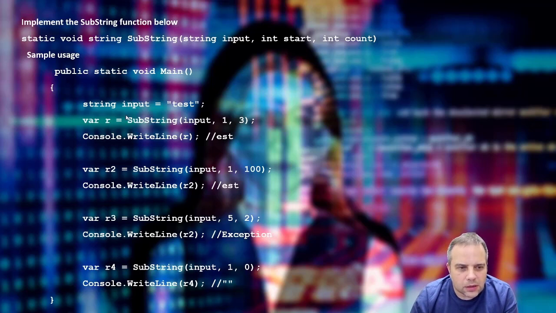Okay, question 2 is implement the substring function below. So this is a substring function where we're looking to read from test and return different letters, or whether exceptions are going to be thrown, and how it handles the error. The word going in is test, and we're looking for how they read it and how they count through letters, and really how they protect the code, because it's quite easy to read this word and return the number of letters.